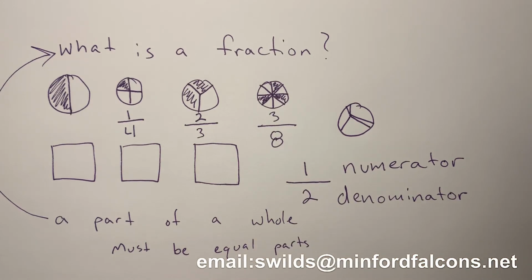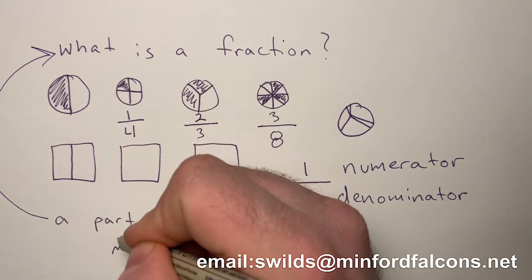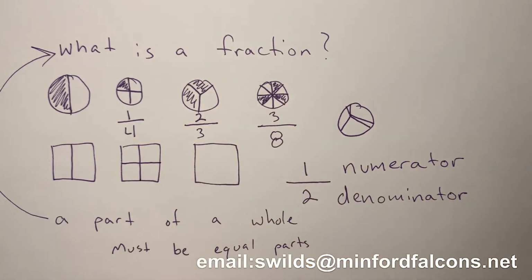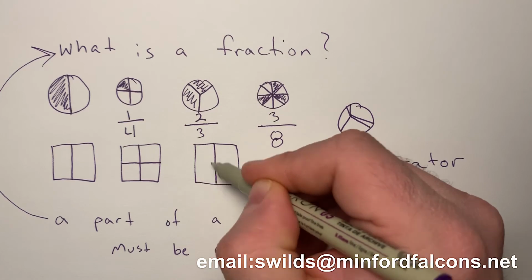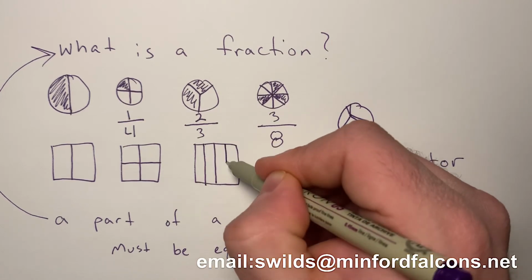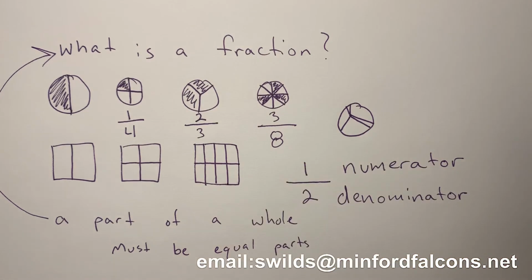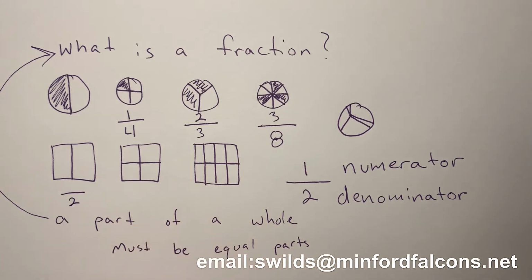Okay? So we can even look at it with squares. The same thing can apply to this. So if I break that up there, and this up there, and have maybe there and then here, I'll even put 1 here to make it that. Okay, so how many parts do I have all together here? Well, I have 2 parts.